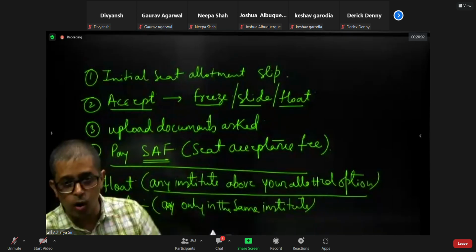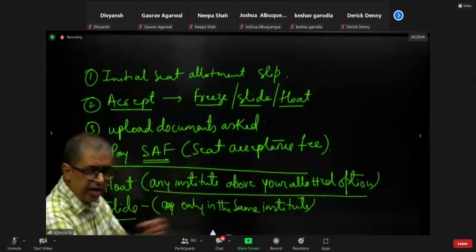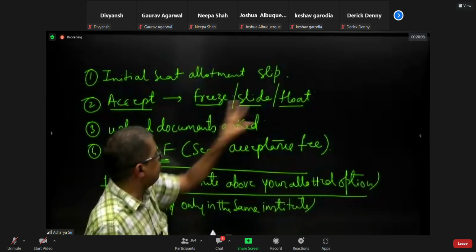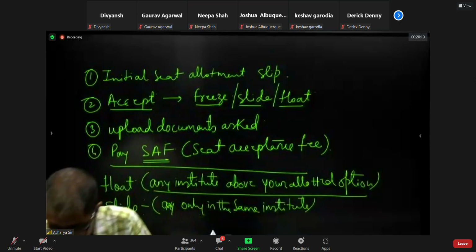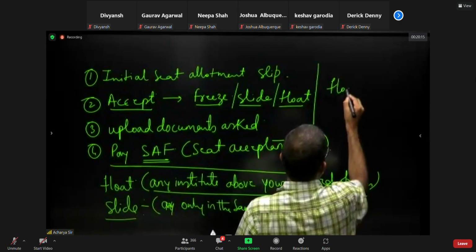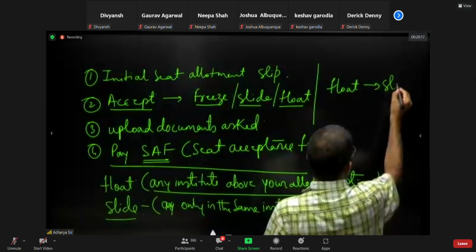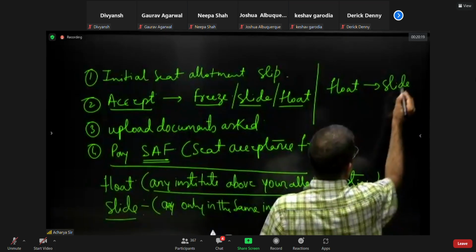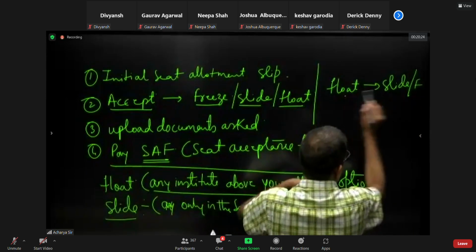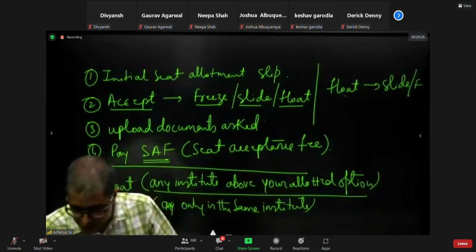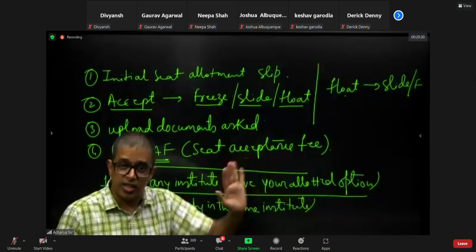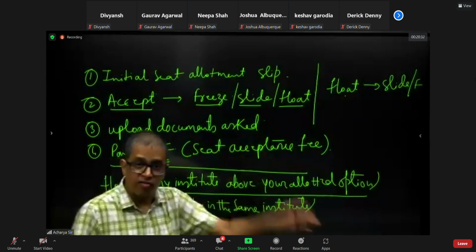But what is more tricky here is, after every round, I can change between slide, float, and freeze only in one direction. I can go from float to slide, or I can go from float to freeze after the second round, after the third round, after the fourth round.